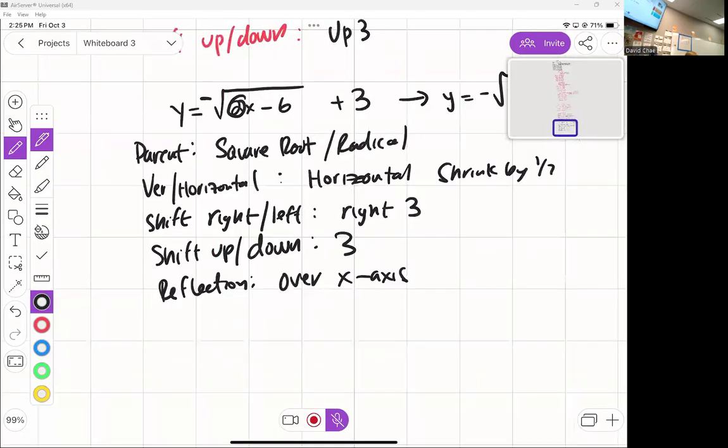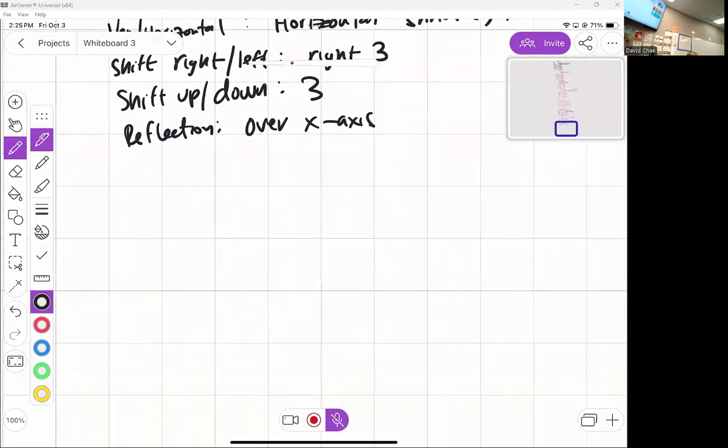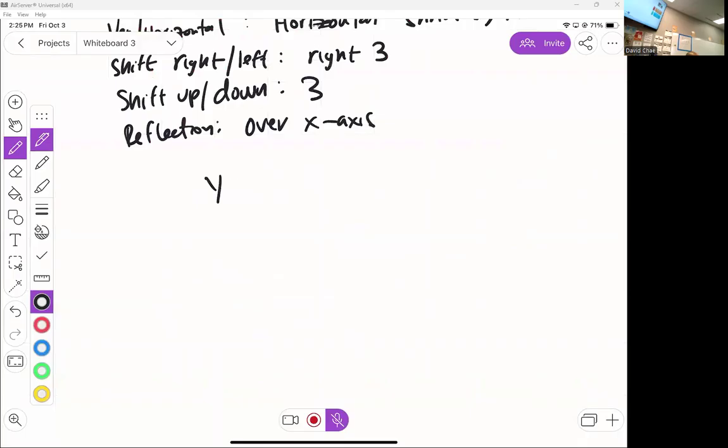Here we go. Let's do one more of these. y is equal to negative (x minus 5) cubed plus 2. Okay.